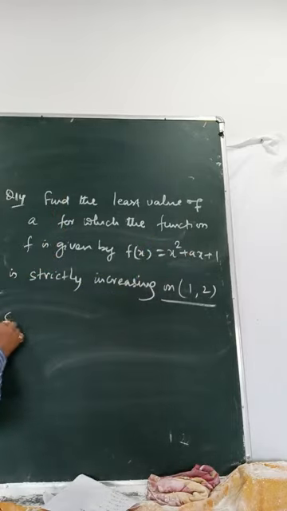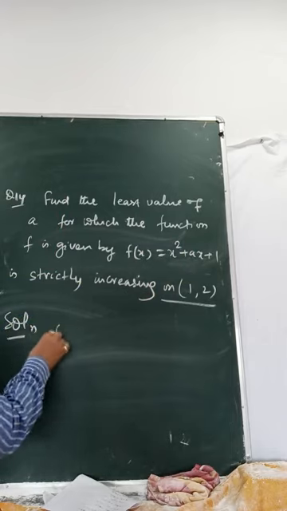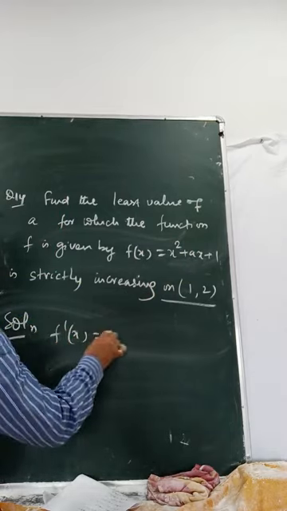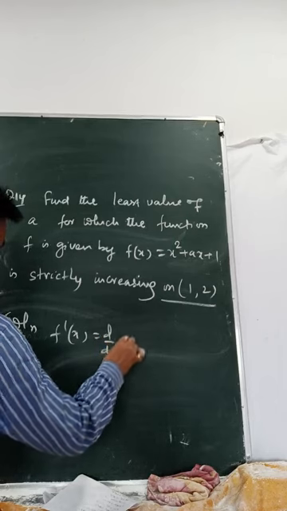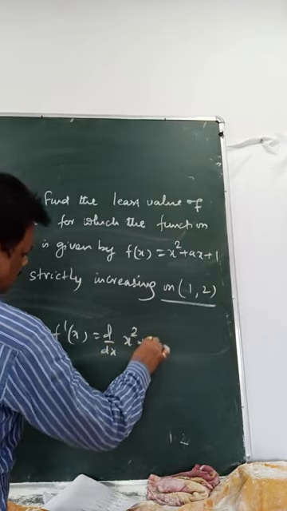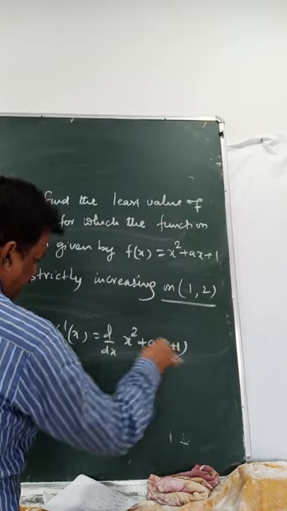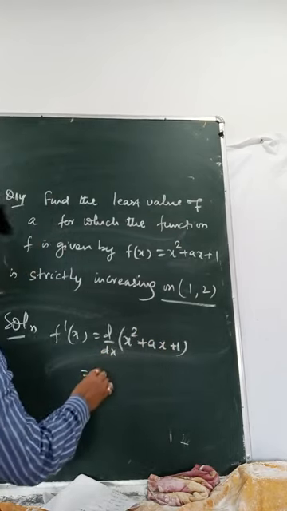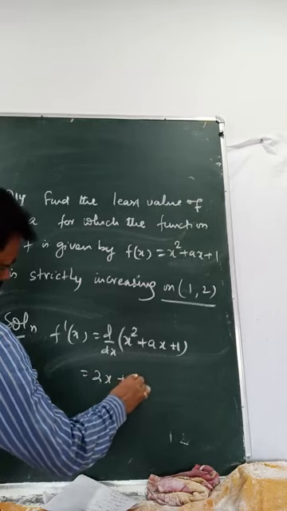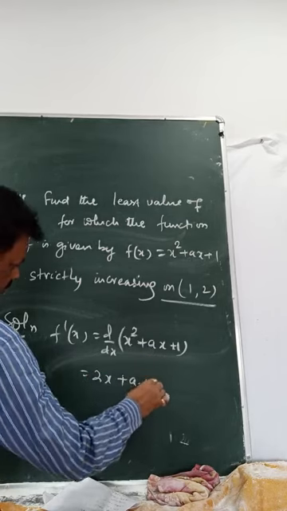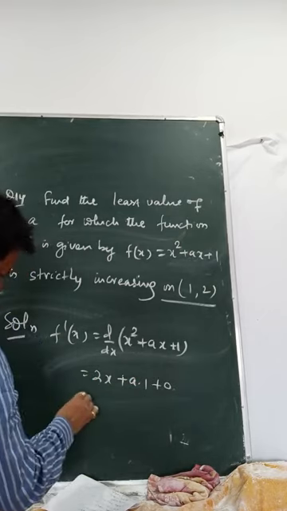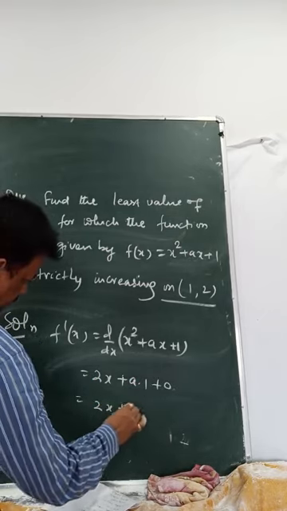Simple method. Find f dash x. That is d/dx of x square plus ax plus 1. So this is 2x. This is a constant 1 plus 0. So that is 2x plus a.